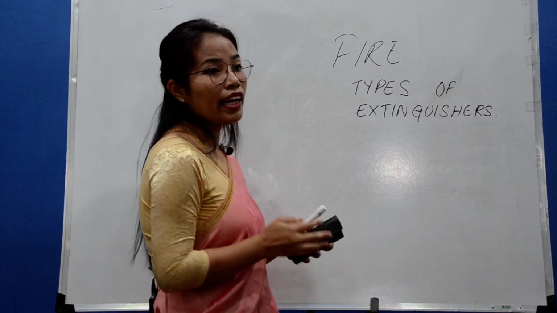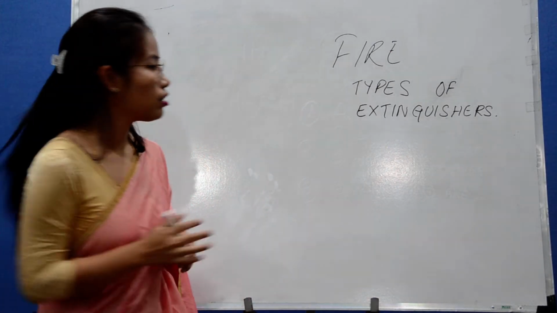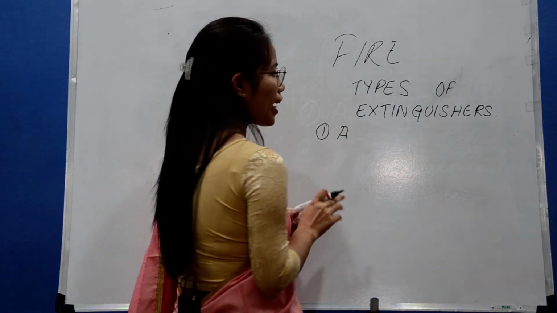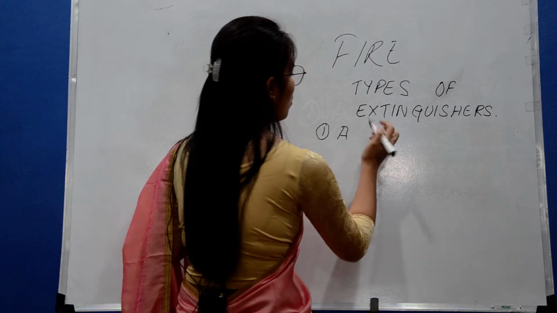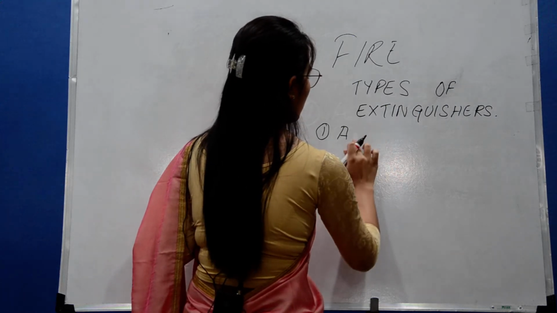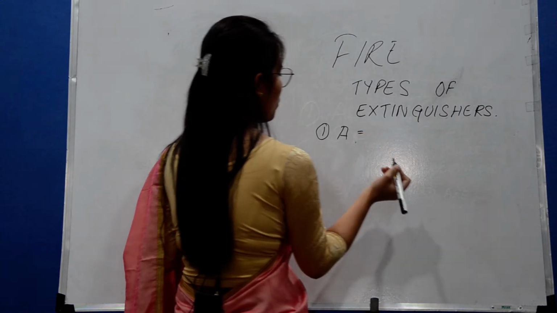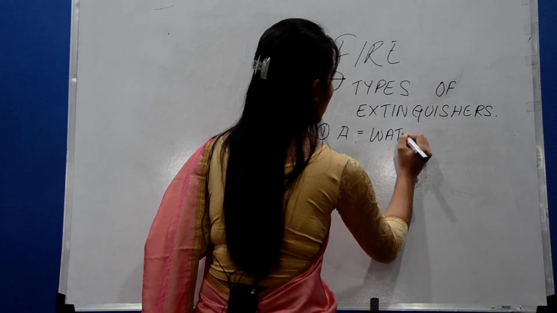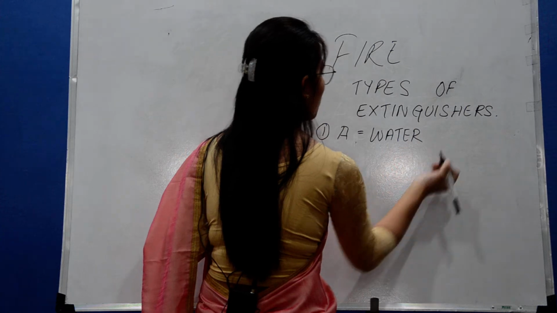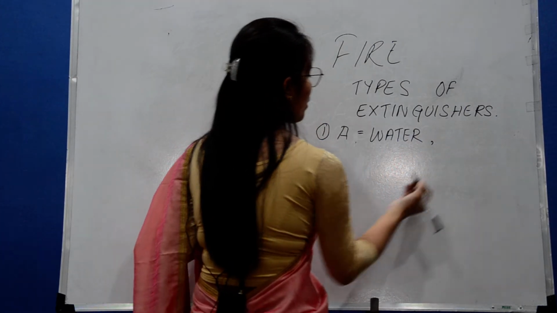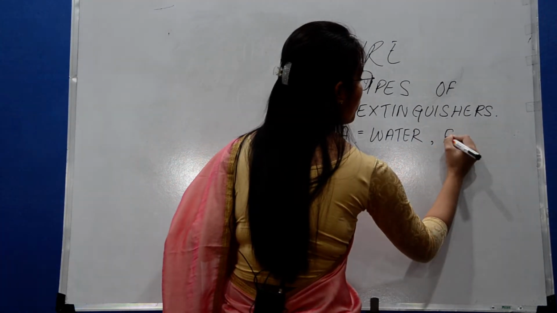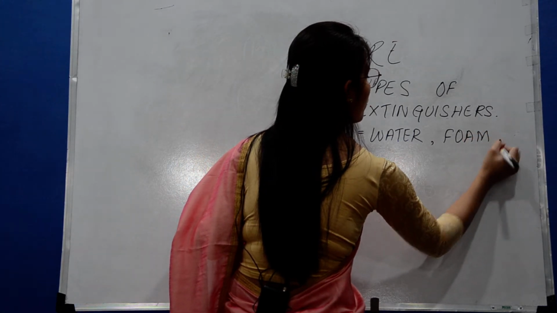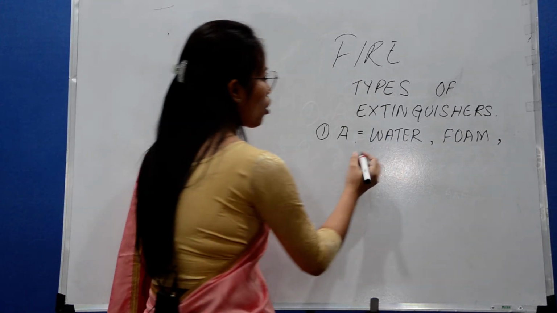For type A fire, we can use water, then we can use foam, and dry chemical powder.